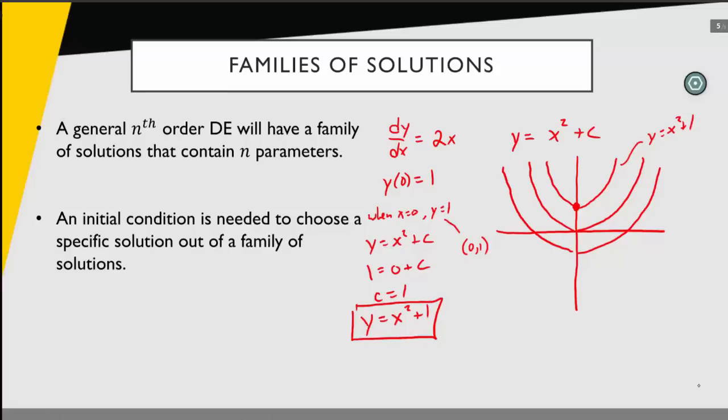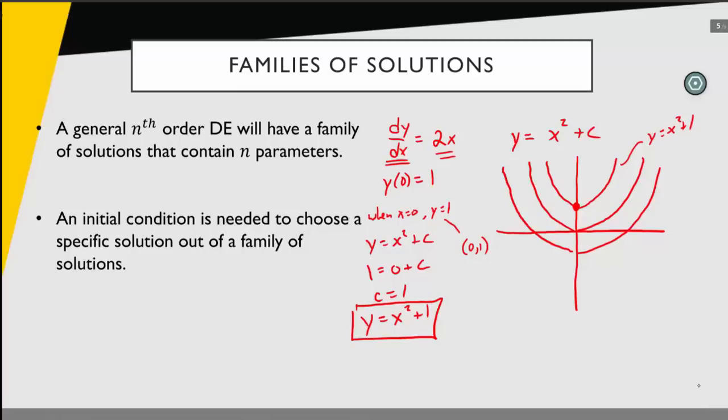Now, the thing we're going to pick up in the next slide is the graphical interpretation of this differential equation, but we can talk about it a little bit here as well. Since I have a first order differential equation, it says that the derivative of my function is equal to 2x. But the derivative of my function describes the instantaneous slope along that curve.